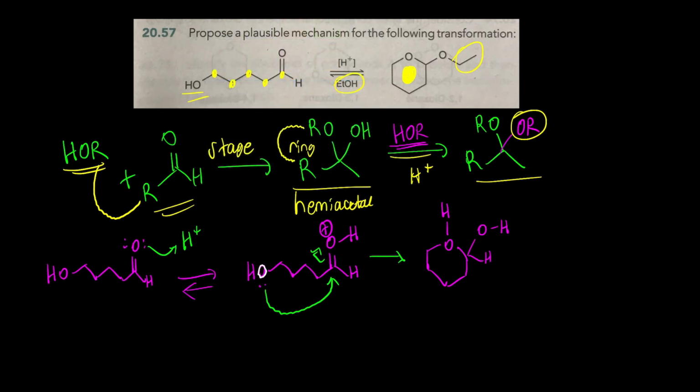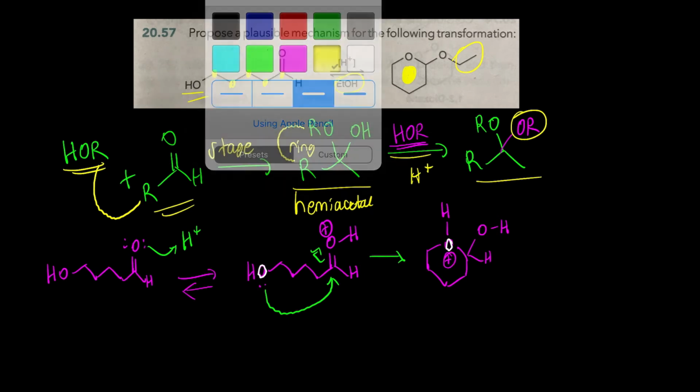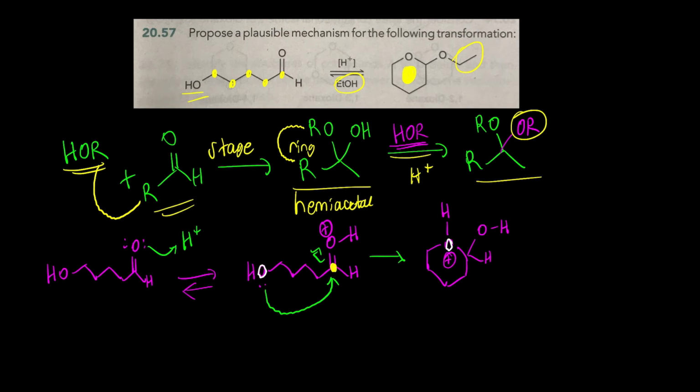Let me orient you correctly. Here's the oxygen of my alcohol that attacked. Let's make sure we have the formal charge of plus on that oxygen. It's attacking the carbonyl carbon, so it's forming this bond, and the electrons are pushed up onto this oxygen, so now it has an octet. Its formal charge is 0 there.